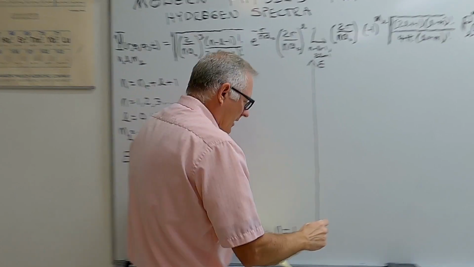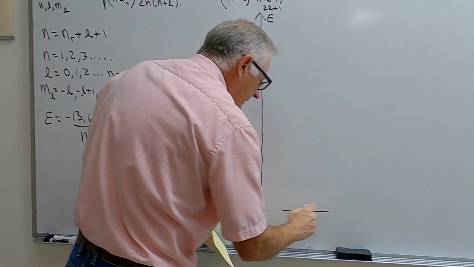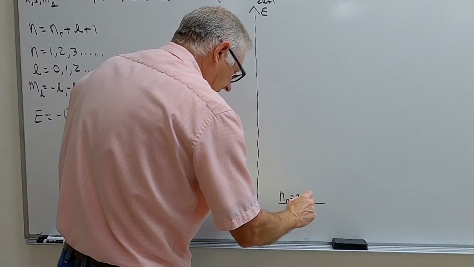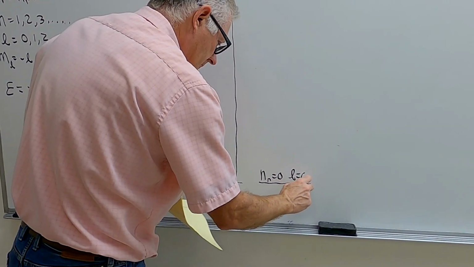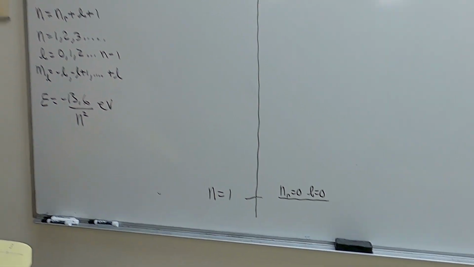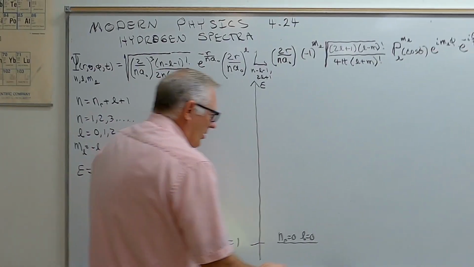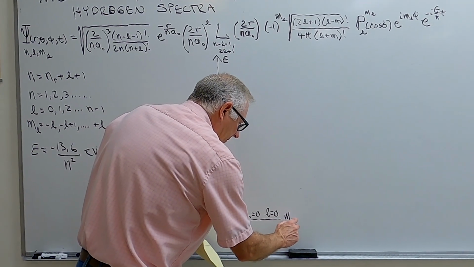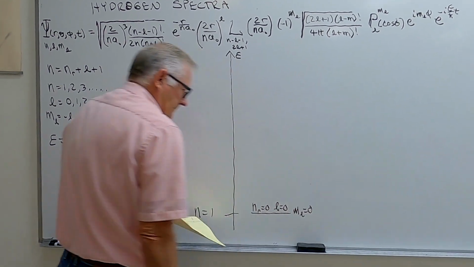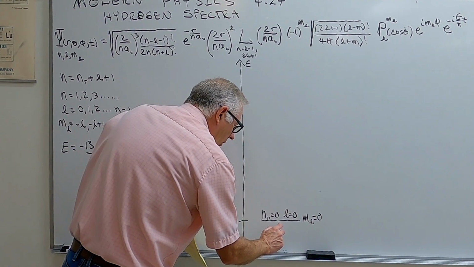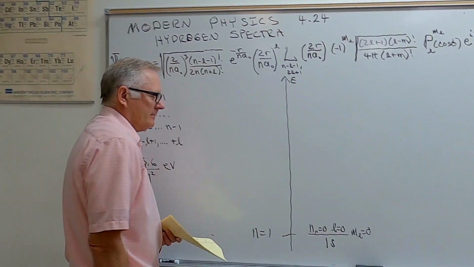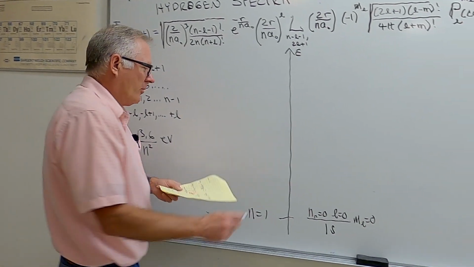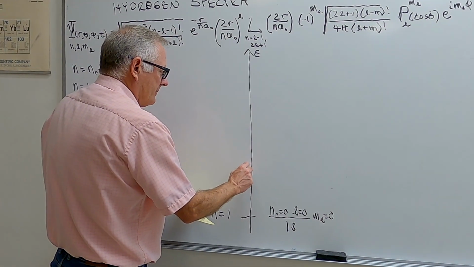So n sub r is equal to 0, and L is equal to 0, and m sub L can only be one value, it can only be 0. We would call that the 1s state, again, the 1s state. Now if we go to the next state up right here, I'm going to just draw it right there.